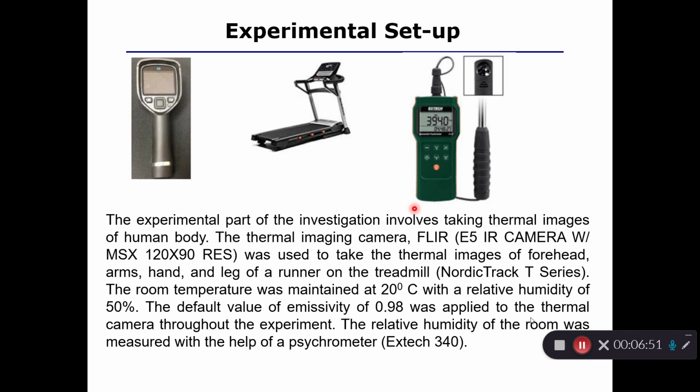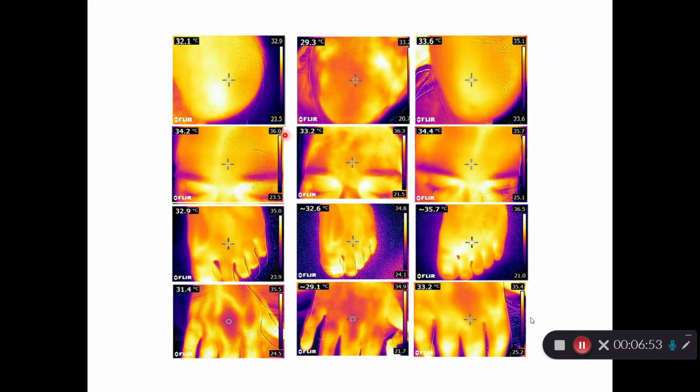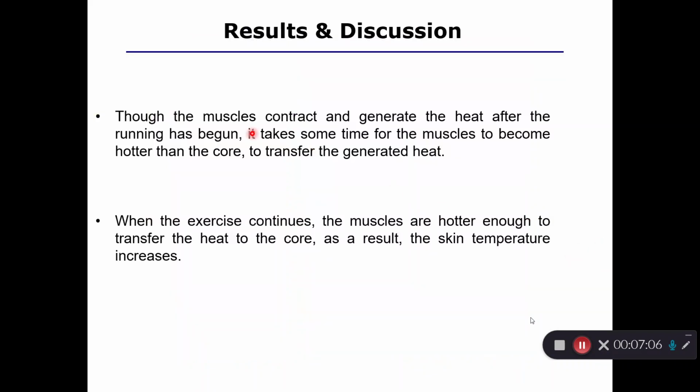You can see that the temperature, surprisingly, initially drops, and then it goes up for all the body parts. That can be explained because, though the muscles contract and generate heat after the running has begun, it takes some time for the muscles to become hotter than the core temperature to transfer the generated heat.